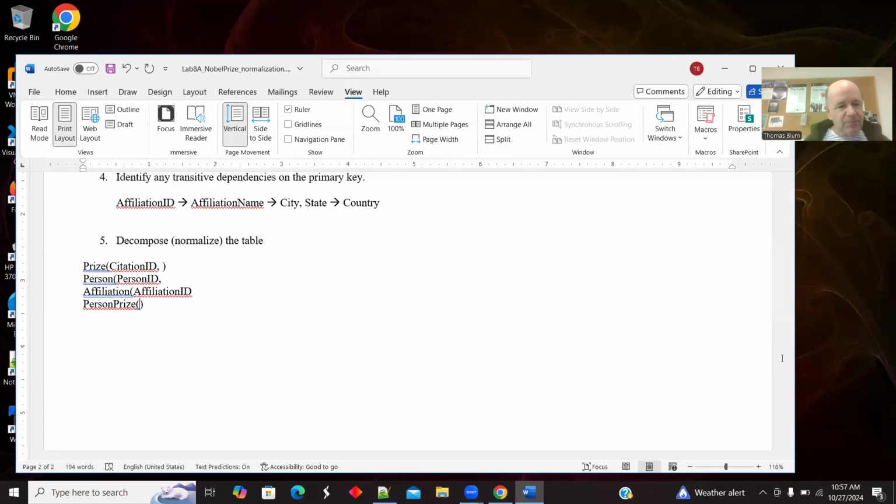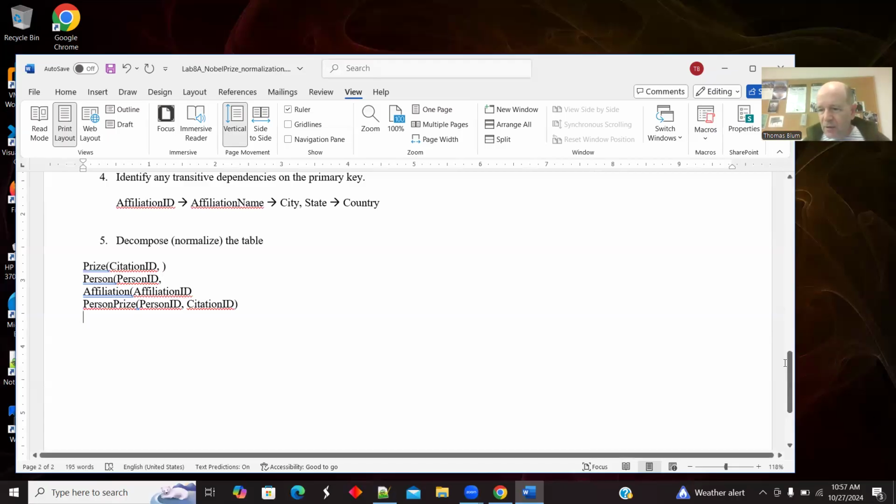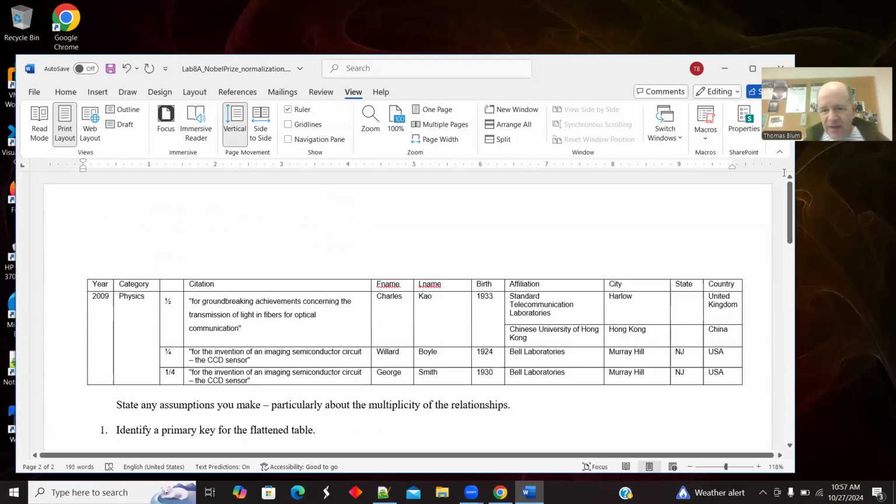This is going to be a bridge table, so we're going to need the person ID, and we're saying the citation ID. And then we're going to need, and again, let's look at the data we have.